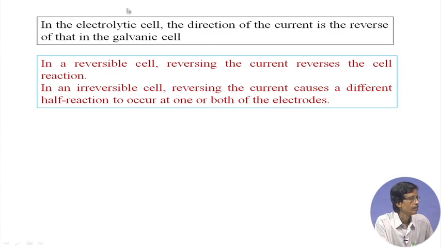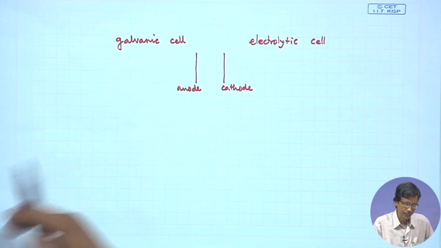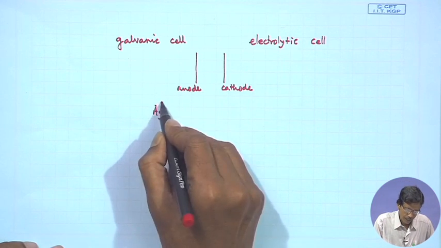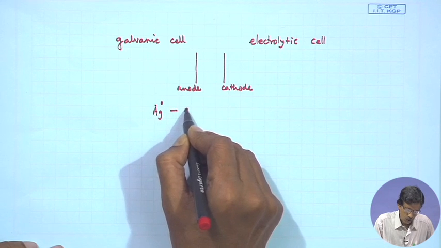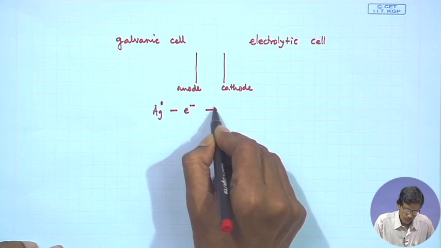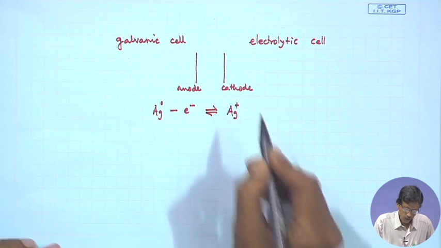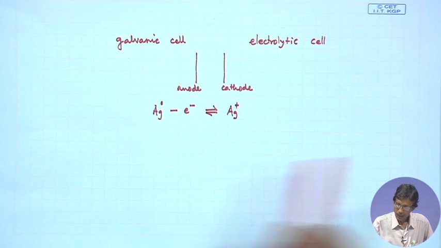Now we consider a reversible cell, where we get a particular type of reaction. For example, silver 0 loses an electron to give silver ion, which is its half cell reaction.